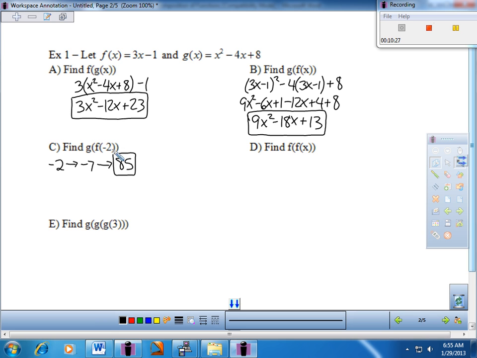If you look at B, didn't we already kind of find a function for g composed of f of x? And if you look, that's how we combined the functions together in this capacity. And so as a result, this should be the function rule for any input in order to get an output. So what I'm seeing, everyone, and I'm going to do it this way down below, and I'll be relatively fast, is that I already have a function for all of the inputs on g composed of f of x.